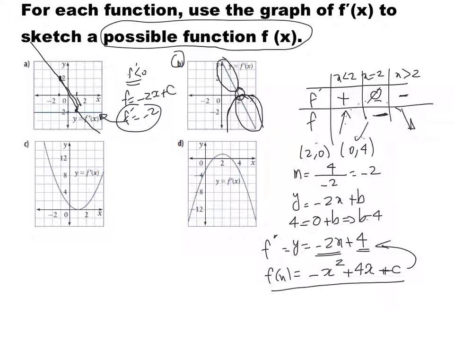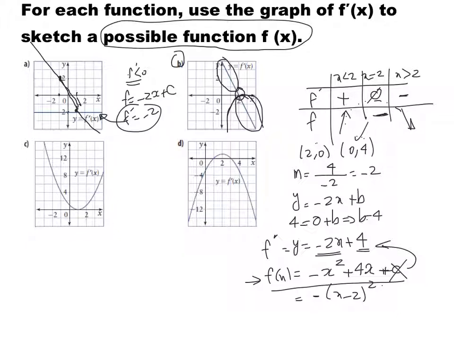Now, if you look at this f of x, this is a quadratic. I can find the equation of quadratic in vertex form. If you go ahead and find the equation in vertex form, assuming that c is 0, c is a constant, so I set it to 0. So I'm going to get this equation, negative x minus 2 squared.